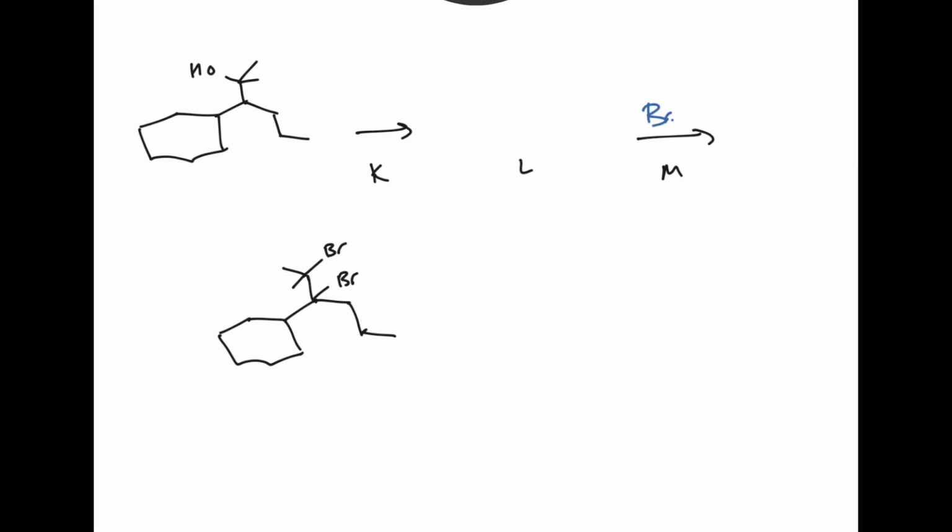What functional group? Yeah, a double bond. So where those 2 bromines are, you have to have had a double bond, so that each carbon that has a bromine on it was part of a double bond before.